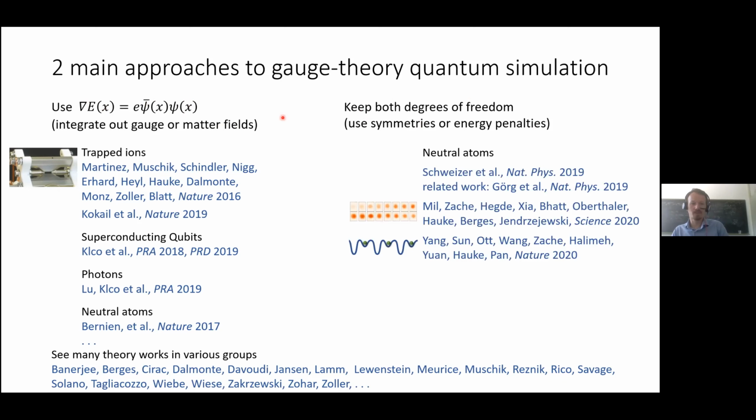And this is usually how things like this are done in the cold atom context. So I also should point out Monika Aidelsburger, who you know well in Munich, she's realized a Z2 gauge theory using a Floquet approach, which I guess one can also see as an energy penalty, as a fast rotating term that suppresses undesired transitions.